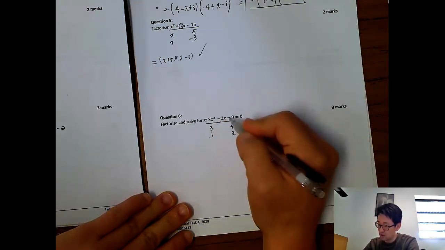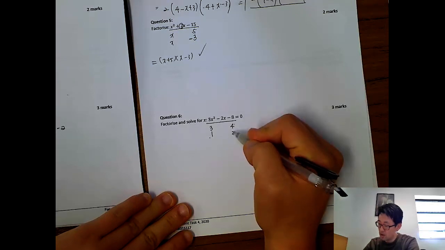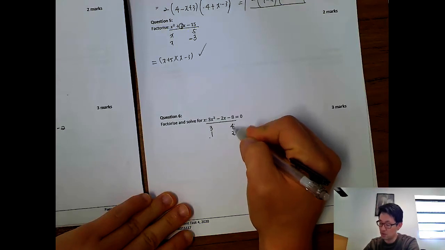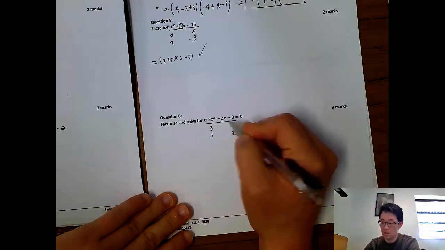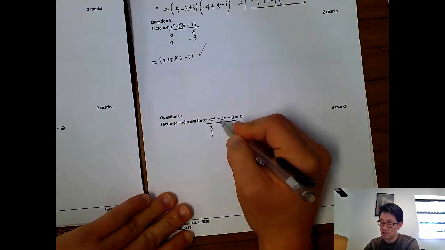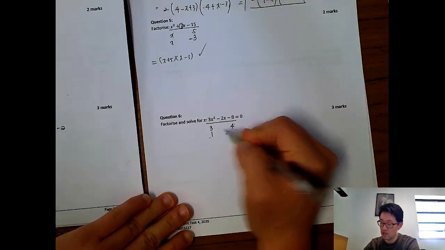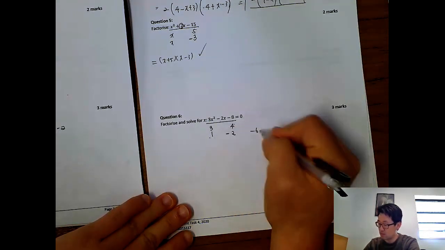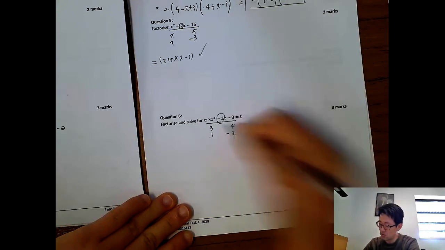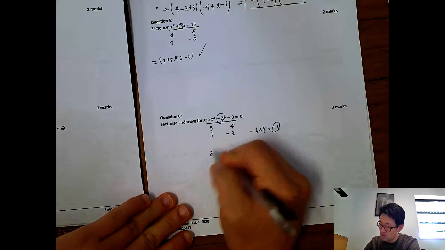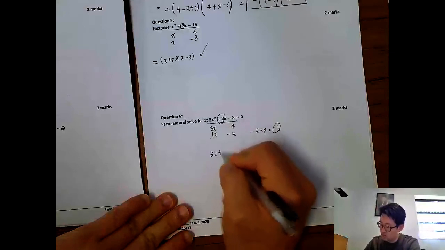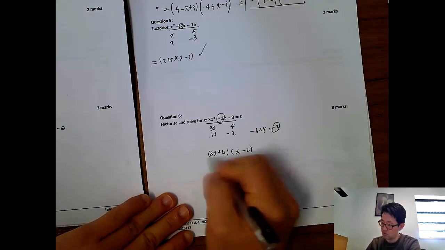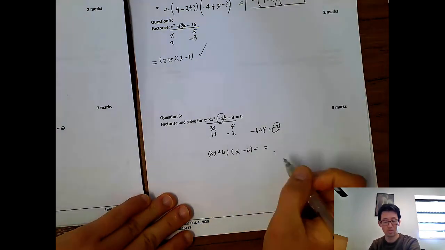Positive, positive, okay, write it down, minus. In this case, 3 times 2 is the bigger number, 1 times 4 is the smaller number, and when we add it, that's negative. So I have to put negative here, because 3 times minus 2 will make minus 6. So minus 6 plus 4 minus 2, yes, it's correct. 3x plus 4, x minus 2 equals 0, isn't it?